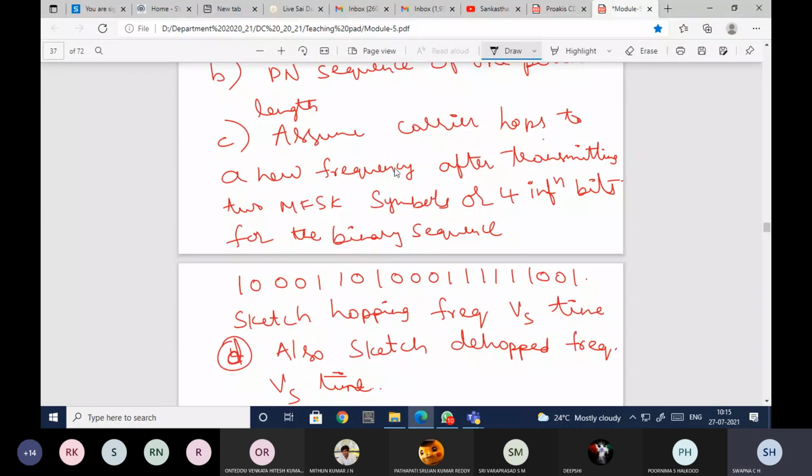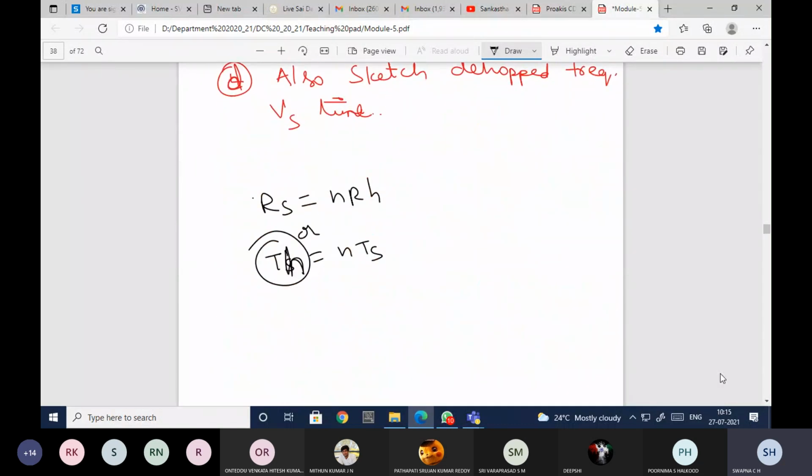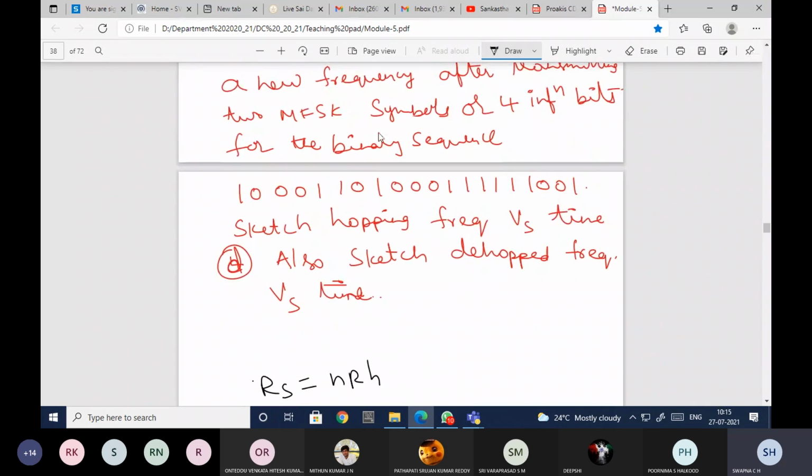He is mentioning that the carrier hops to a new frequency after transmitting 2 MFSK symbols. It means that the TH or TC here will be equal to 2 times TS. In the sense, after transmitting two symbols, only then will it hop to the next frequency. That is what he has given, so TC is equal to 2 TS. We will use that here.